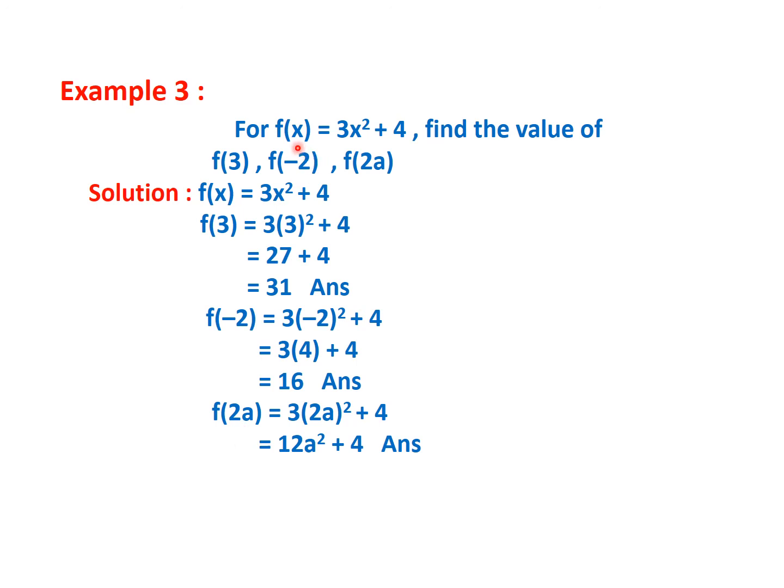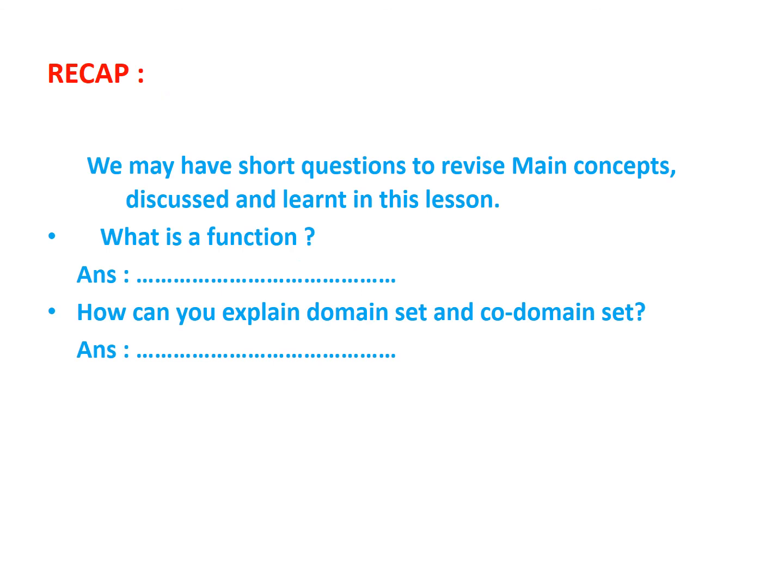So here x will be replaced by 2a. We replace x with 2a in this expression, getting 3 into (2a) whole square plus 4. Open the bracket, we get 4a square into 3, that is 12a square plus 4. This is the final answer for this example.